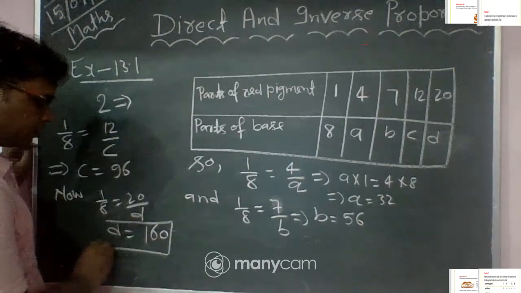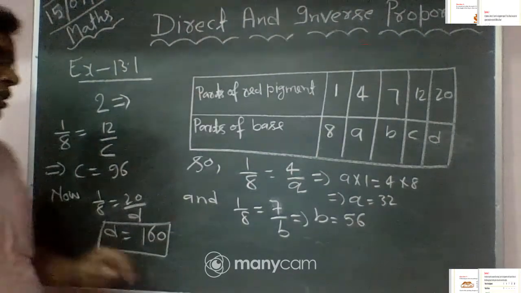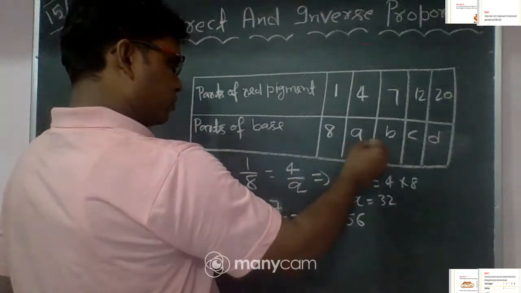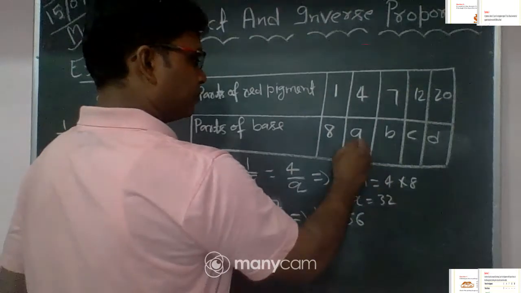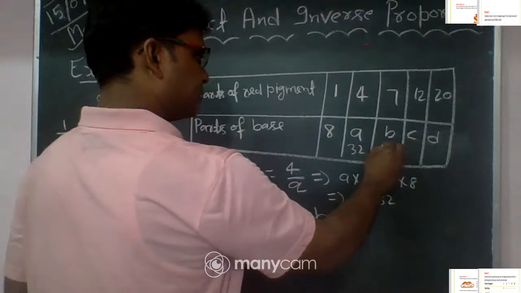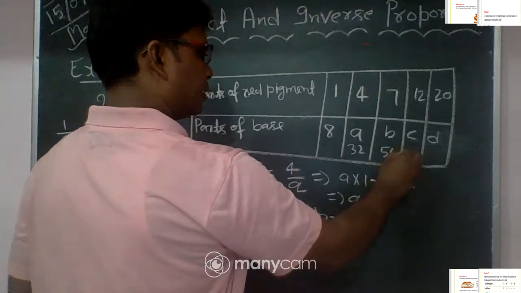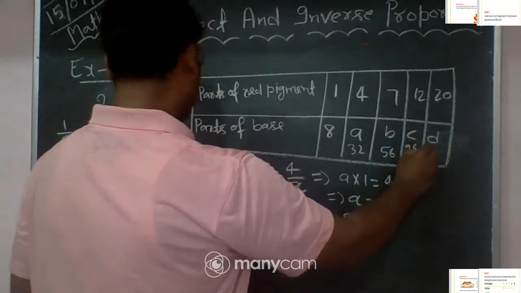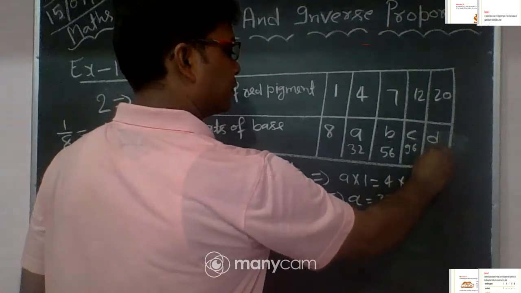Okay, so in this way you find the values of a, b, c, d. a is 32, b is 56, c is 96, d is 160.